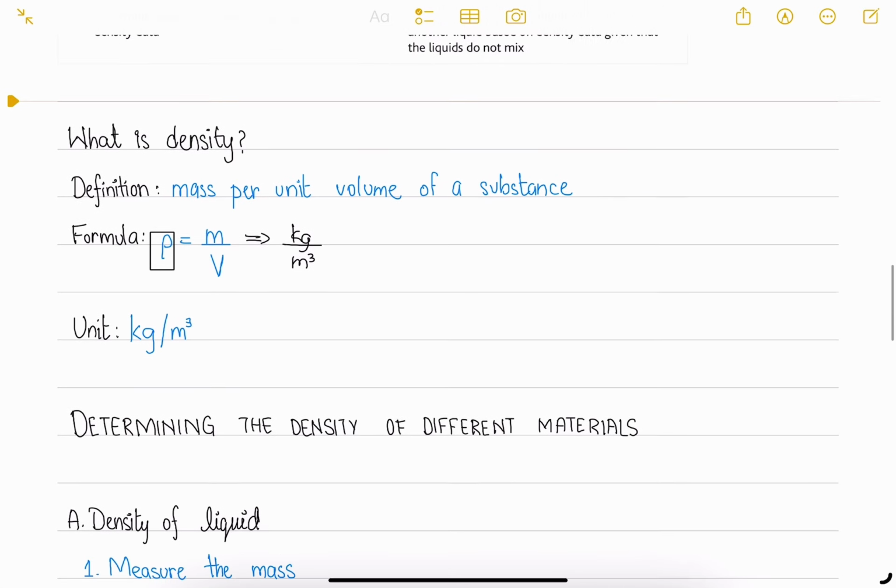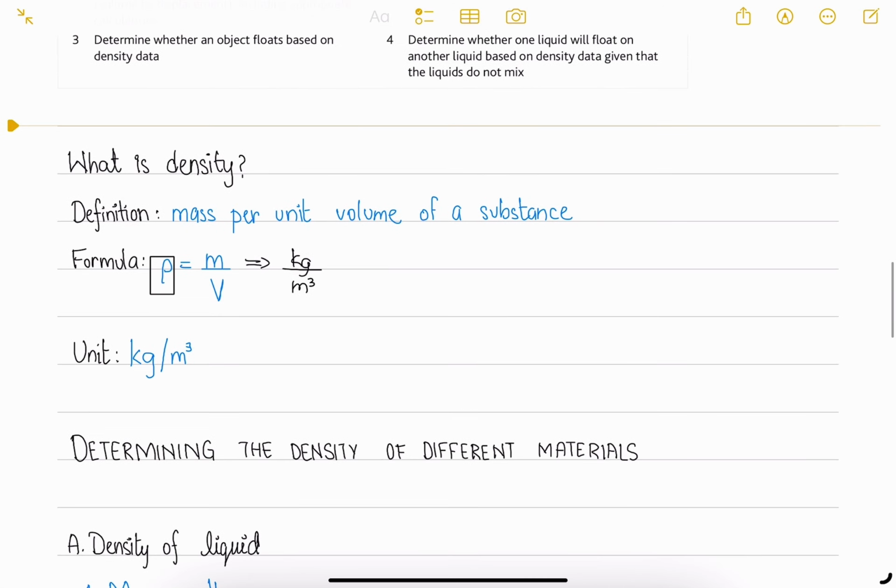Now, density indicates how compact the matter in a substance is. So, substances with higher densities have more mass in the same volume compared to substances with lower density. So, let's say we have two glasses, and the volume of the glass is the same because they are of the same size, the same shape, everything is the same.